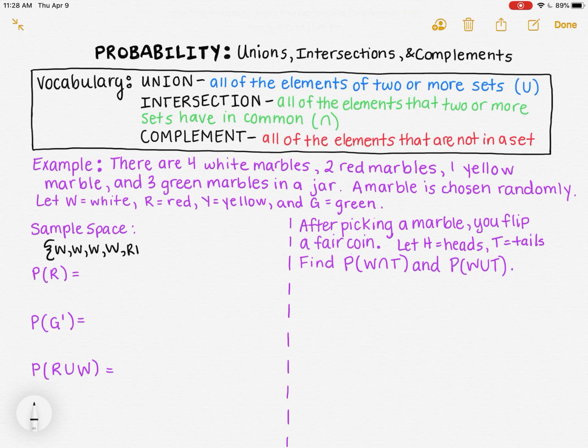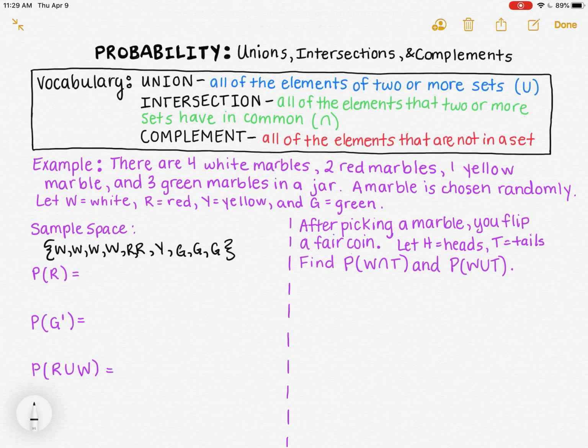There's 2 red marbles. And don't forget to put a comma in between each possible outcome. There's 1 yellow marble I can pick. And then there's 3 green marbles I can pick. So again, I'm listing all of my possible outcomes. And since there's different amounts of each color, I'm going to list each of the colors separately.